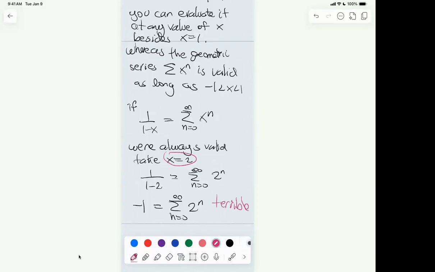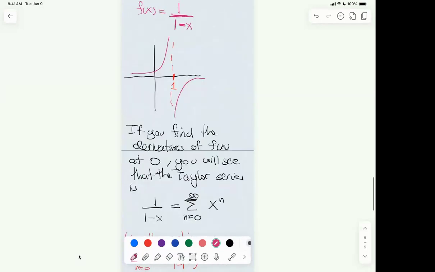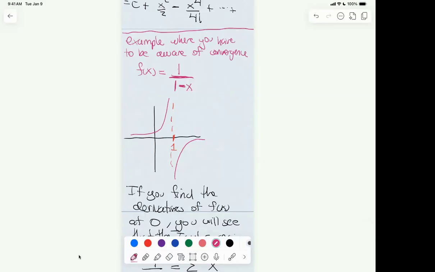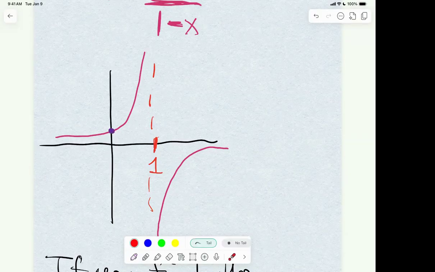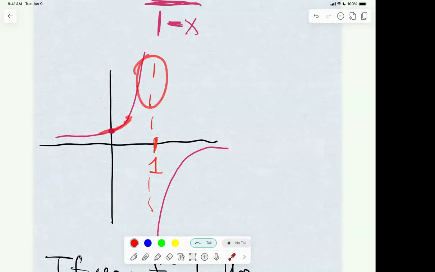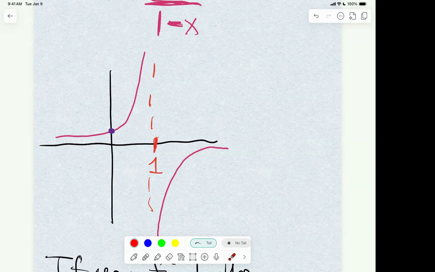And it kind of makes sense if you go back to the graph of the function, because what is the purpose of the Taylor series? To approximate the function as best as you can, right? The series is centered at the origin, so you're trying to approximate the function starting here. The Taylor series is doing its best effort, but you cannot ask too much of it. It eventually has to hit what you could call a singularity. If you're trying to approximate it here, how can you expect it to do a 180 and continue here without any issues?